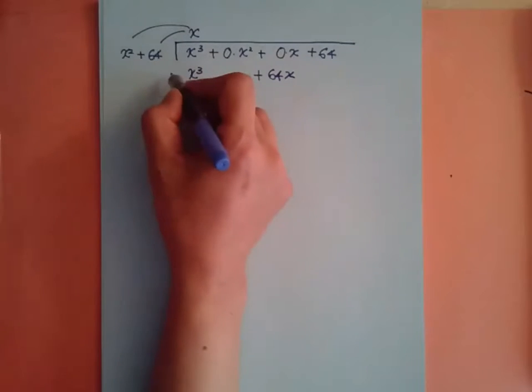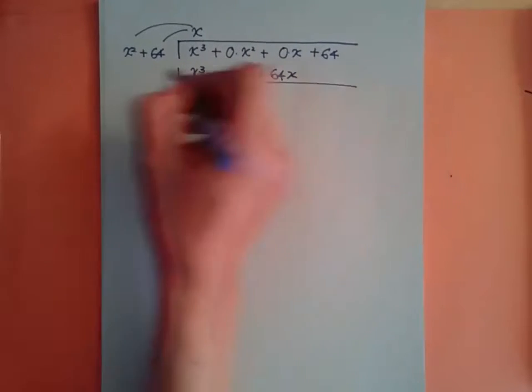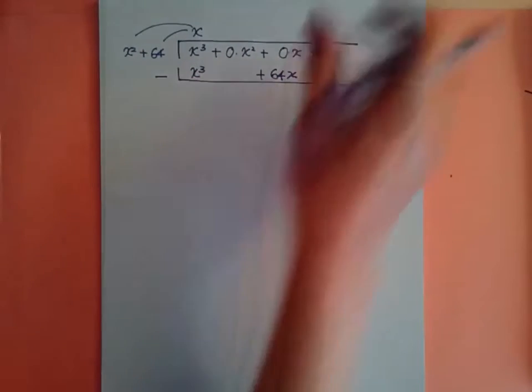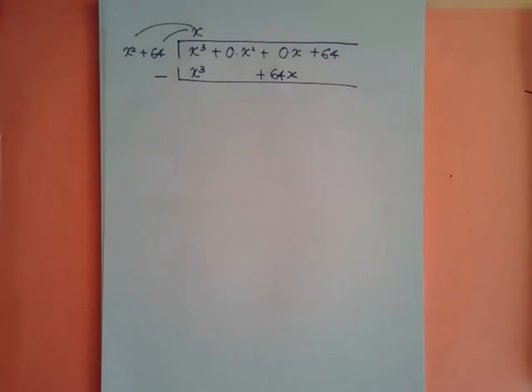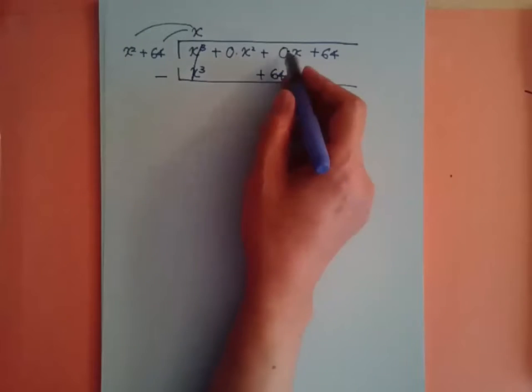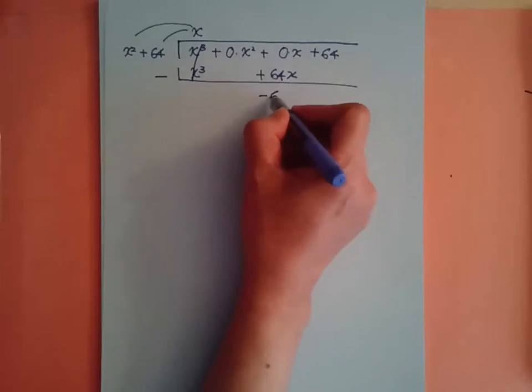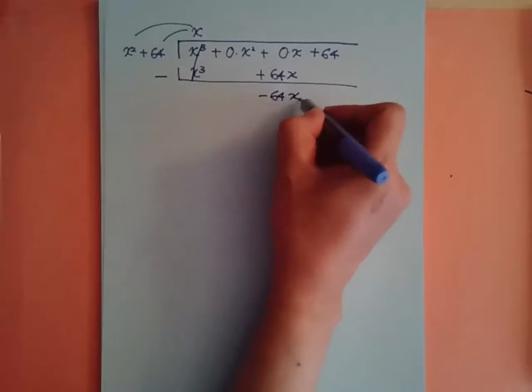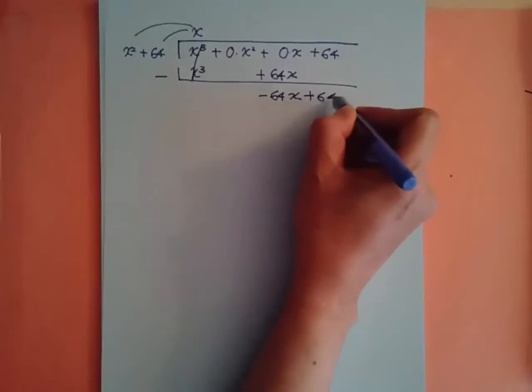And then we subtract. Those two will cancel each other, and for this part, that is minus 64x plus 64.